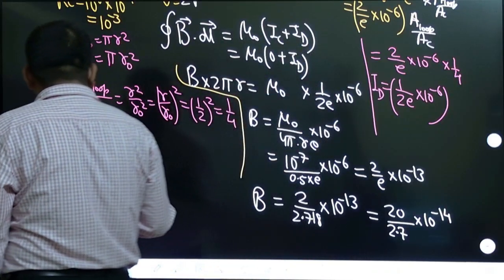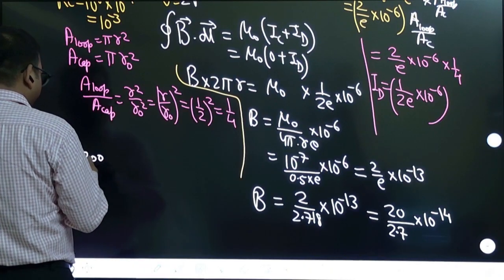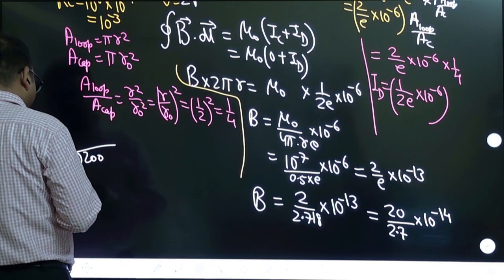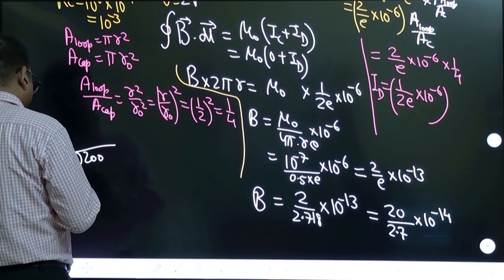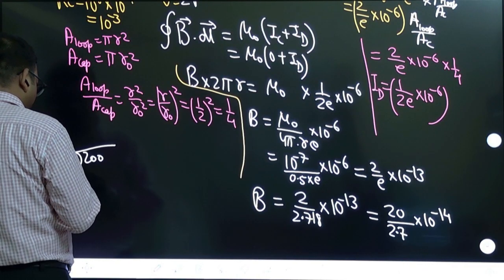Now calculate what is 20 by 2.7, or what is 200 by 27. This all of you can calculate. 27, 9 I cannot take. 9 will go. Suppose I take 8, 8 into 7 is 56, 8 into 2 is 16.